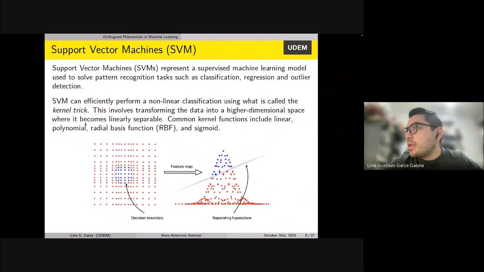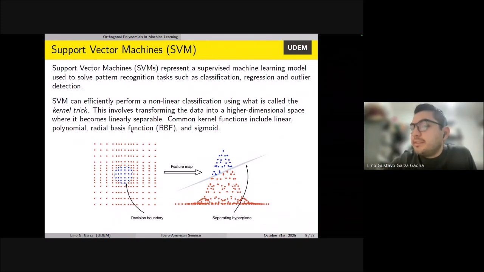So these kernels have a function in the core. The most commonly used are the linear, the polynomial functions, and something called a radial basis function, among others. And in applications, they always use these kinds of functions.